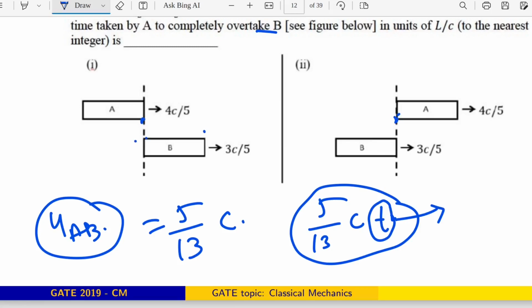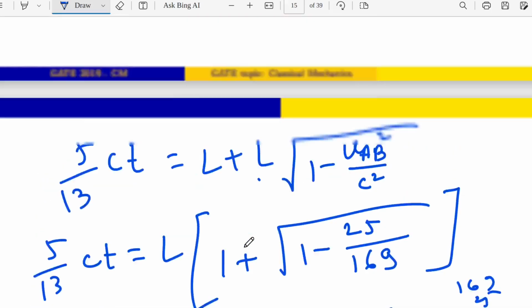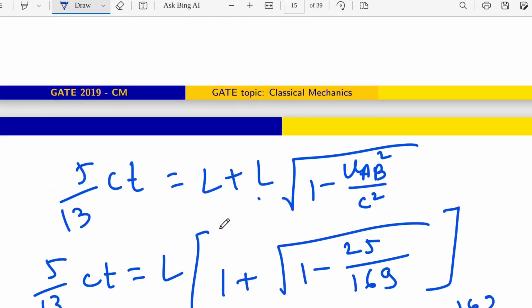From this point to this point you have to overtake. So our length will obviously be L, the length of B, but there will be an addition, which is the length contraction due to the relativistic speed of A. So 5 by 13 into C into T, the required length to overtake B, should be equal to L plus L into root over 1 minus V square by C square, which is the length contraction coming from the relativistic speed. Did you get the point?